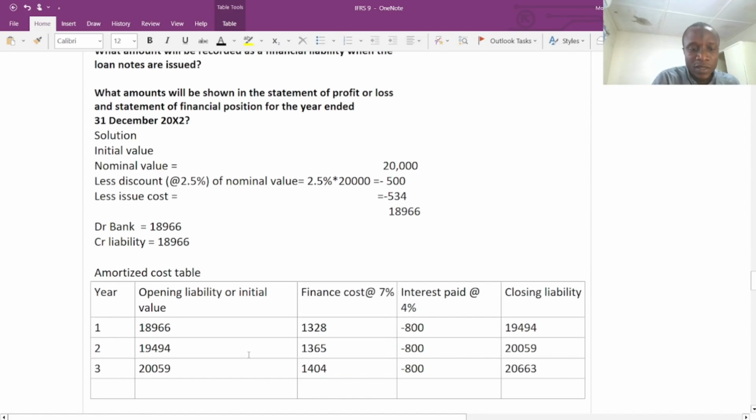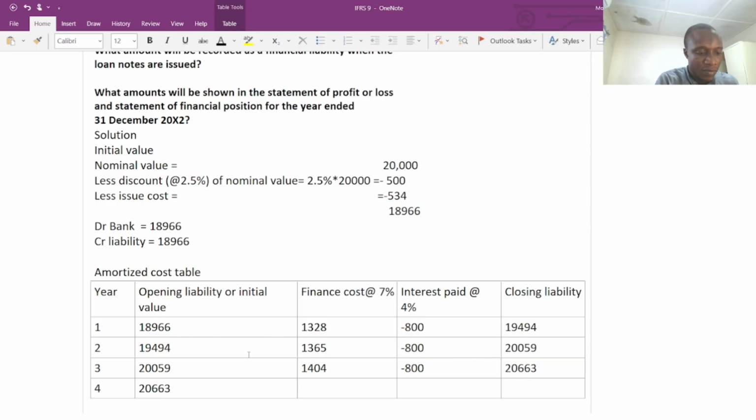20663. Year 4, 20663 multiplied by 0.07, 7% will give us 1446 minus 800. 20663 plus 1446 minus 800 will give us 21309.